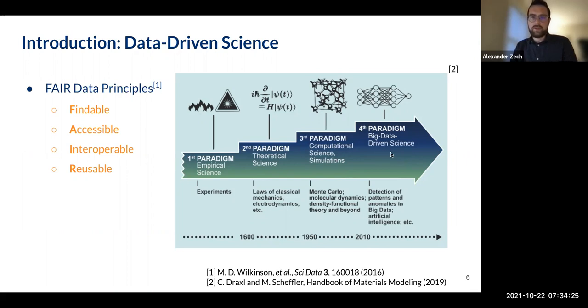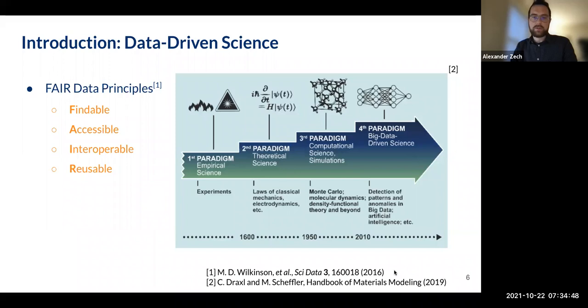So we have vast amounts of data that we would like to analyze using big data techniques such as pattern detection in order to extract knowledge from this amount of data. And that also requires that we treat data in a unified way.